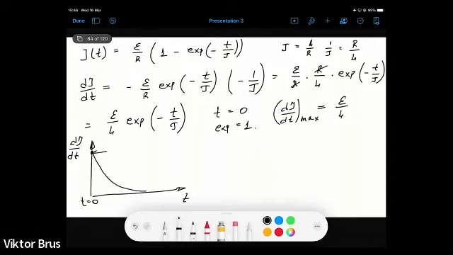And this maximum value will be electromotive force divided by inductance of the electric circuit.